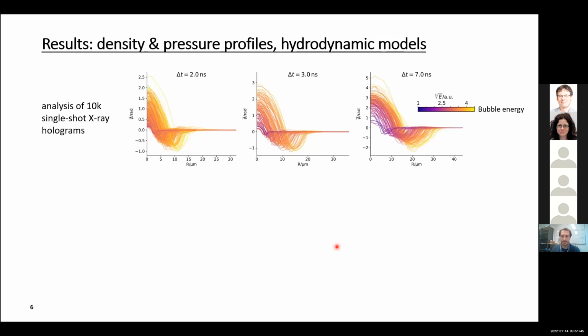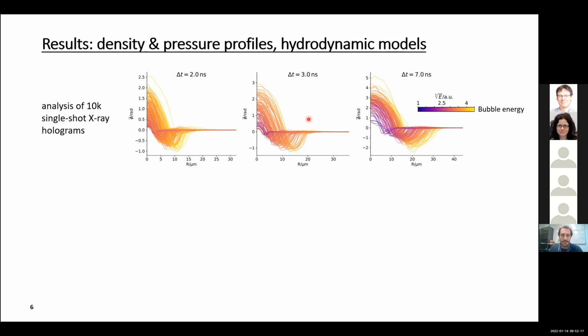This analysis scheme has now been applied to roughly 10,000 single-shot X-ray holograms. And I show you here exemplarily some phase profiles for 2, 3, and 7 nanoseconds. We can follow the phase and density profile over the whole profile, and the dynamics of these growing bubbles and shock waves.